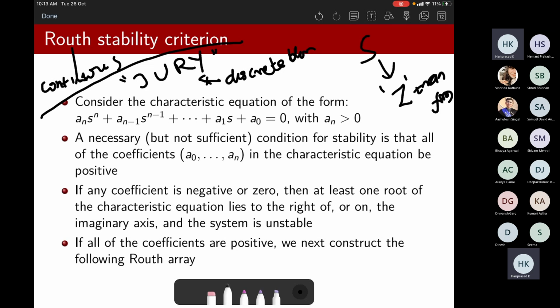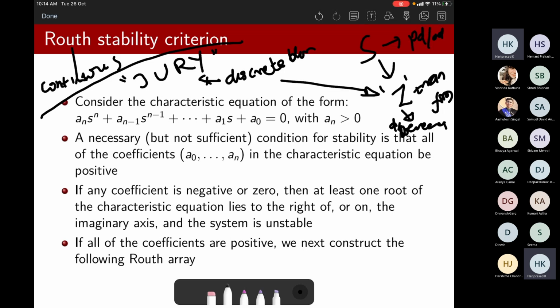If you are working in the discrete time domain, instead of ODEs there would be ordinary difference equations. Then the step is to apply the Z transform, which also gives you a transfer function, but in the Z domain, because it is discrete in nature. I don't want to deviate. What I'm trying to say is Jury solved this problem in the Z domain and Routh solved it in the S domain. Eventually they are the same: finding the roots and placing them.